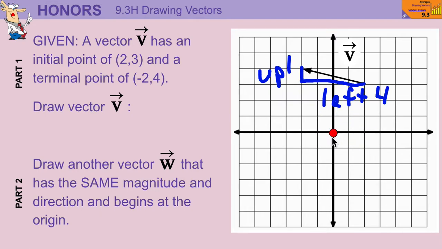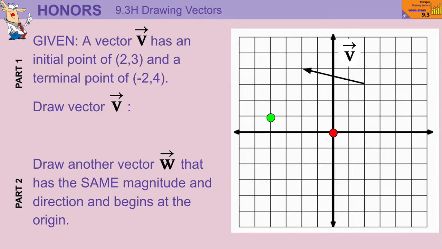Starting at the origin, we'll go left 4, so it's 1, 2, 3, 4, ending here, and up 1, ending about there. So now we can plot our next point, and it's right there. I'll go ahead and clear my writing so we can see what we've got.